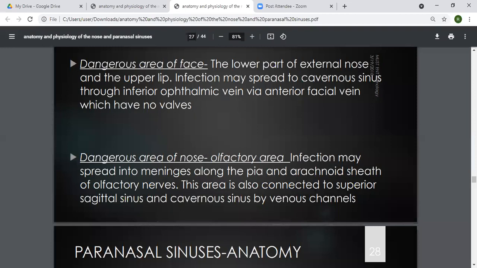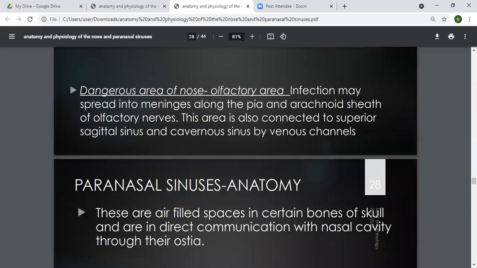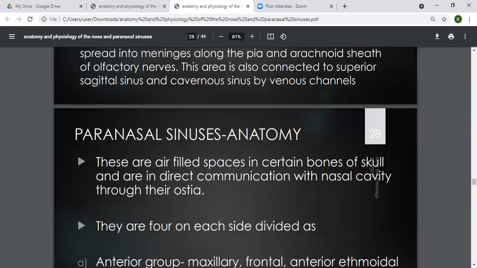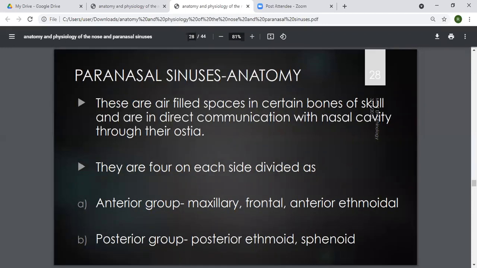This area is also connected to the superior sagittal sinus and cavernous sinus. So you have infection spread into these different areas if it has not been managed properly. So that was the anatomy of the nasal cavity and the external nose.